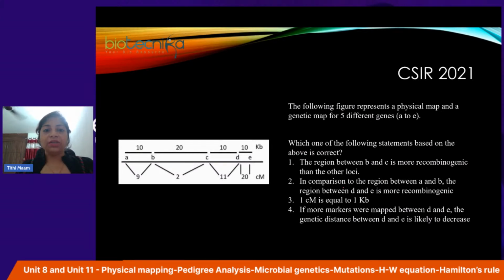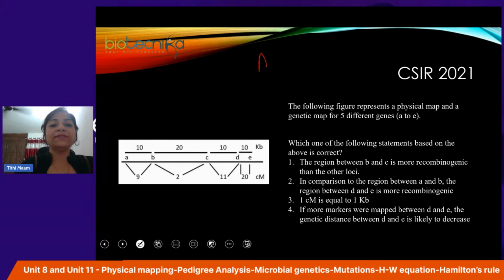Now, this was a question from last year's CSIR exam. It talks about the comparison between the physical map and the genetic map. As I was telling you, there are two different ways of mapping genes in the genome. It's just like Google Maps. If I say the distance between two places in the city, one way is in kilometers.